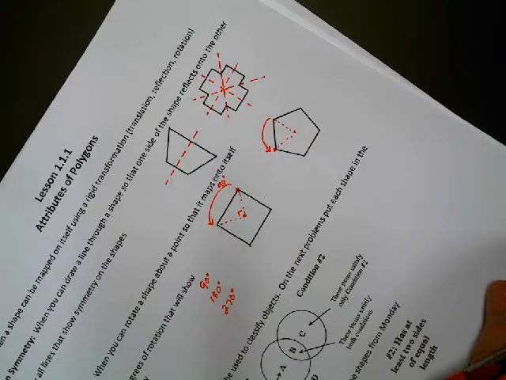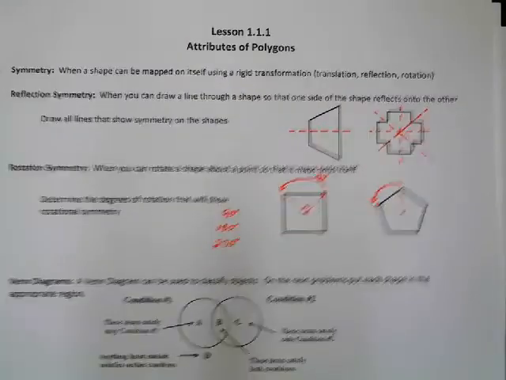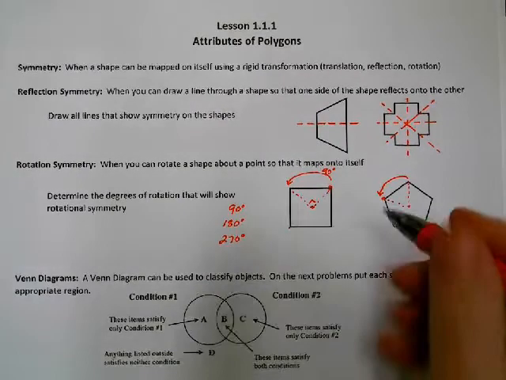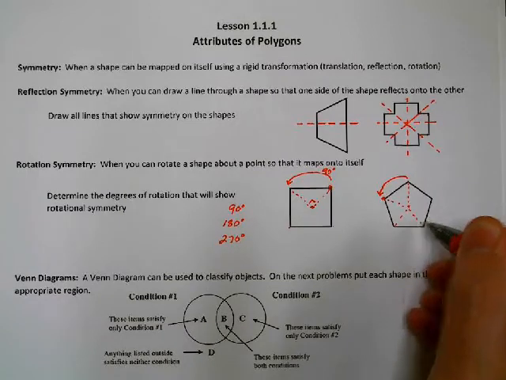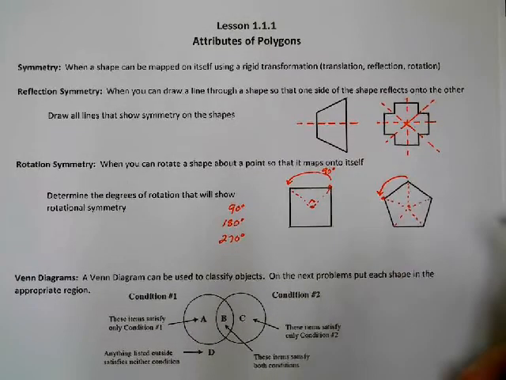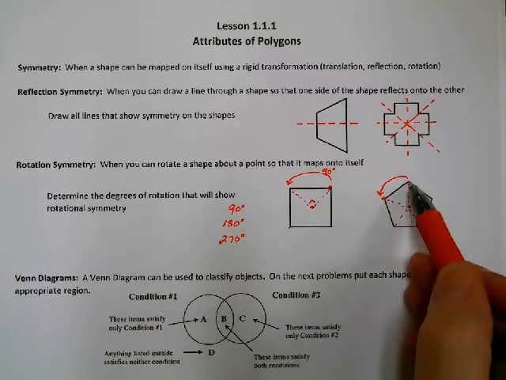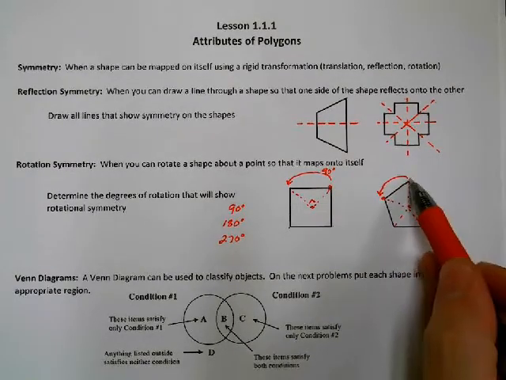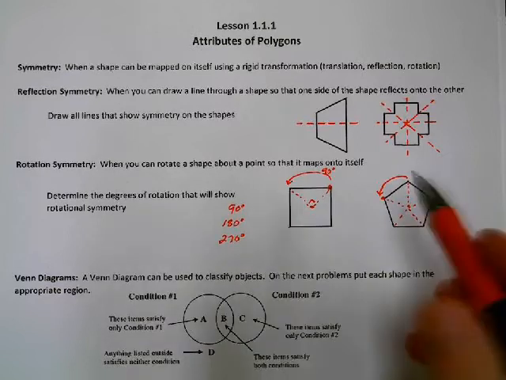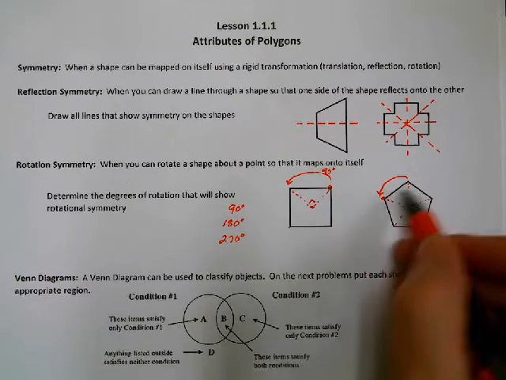So how many degrees is that? Well, what we can do is look at how many sides we have. This is how many times we can rotate it. I can rotate it once, twice, 3 times, 4 times, and then a last time to get it back to 360. So to go all the way around, that's 360 degrees.